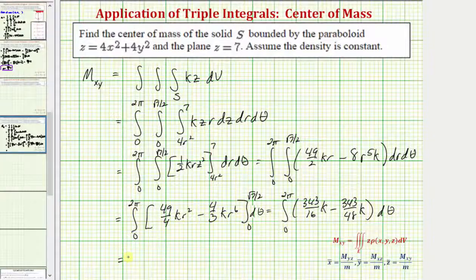So this simplifies to the integral from 0 to 2 pi of 343 divided by 24k d theta. Integrating with respect to theta is just going to give us 343 divided by 24k theta.